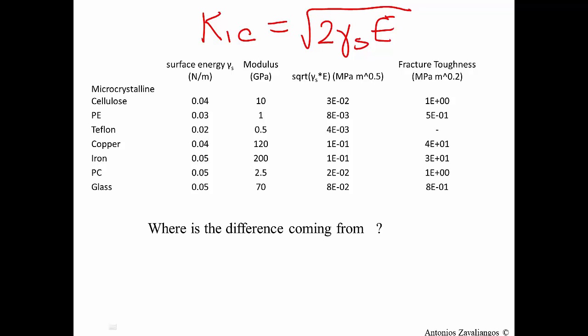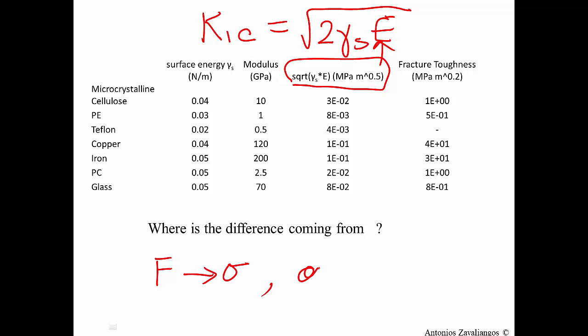So what I have in this table is a list of materials with the corresponding numbers of the surface energy, the modulus, and the value of this expression. And since we can fracture materials in the lab, we can also measure fracture toughness experimentally. We can easily measure the load at failure, and that will give us a stress.